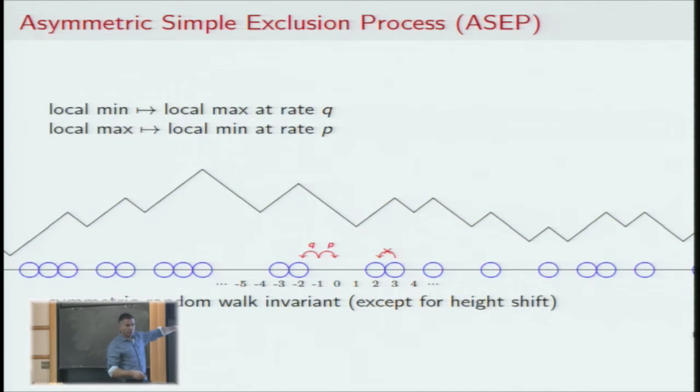So you can either think of the random walk path. A symmetric random walk is invariant for this process. Okay? That's one of the reasons the process is very simple. It has a nice invariant measure, so it's very studyable. And corresponding to that, the two-sided Brownian motion should be invariant for KPZ. So this is supposed to be a microscopic version of KPZ.